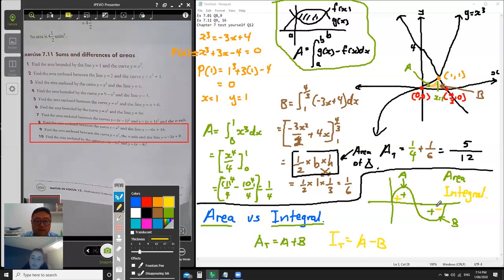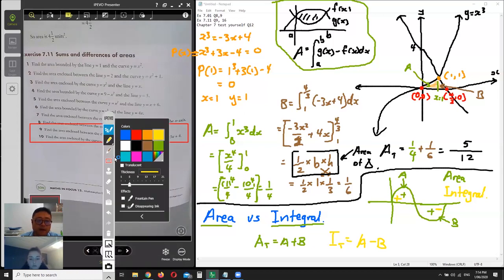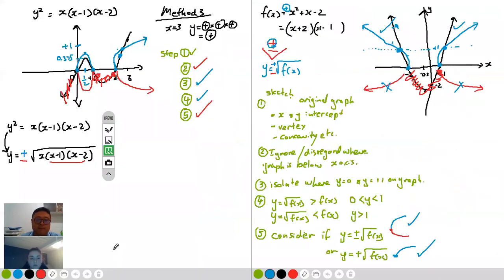If they're asking for the integral, they're asking you just to find the overall net result. But if they're asking you for the area, then there are some special situations that you need to consider.